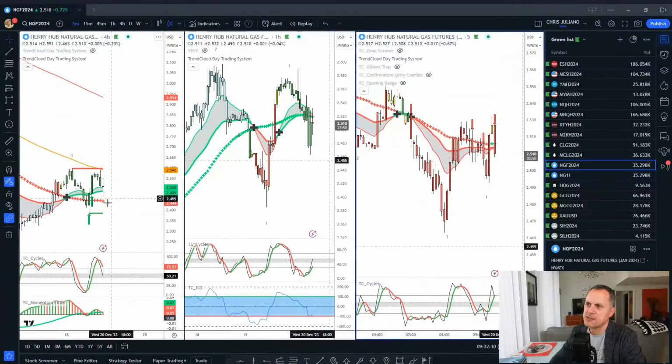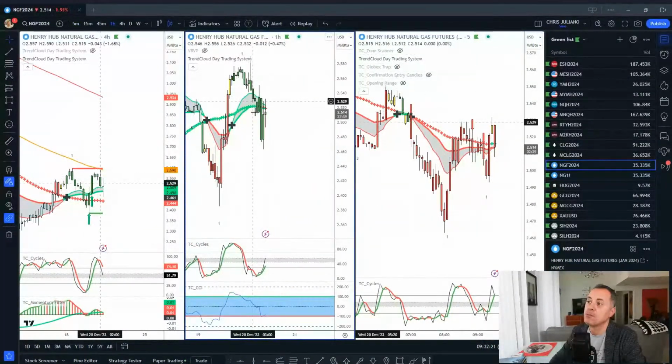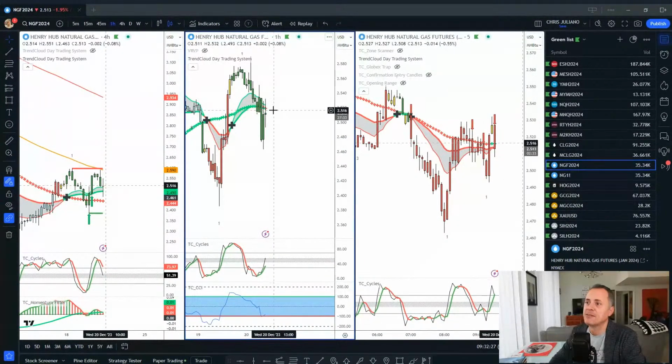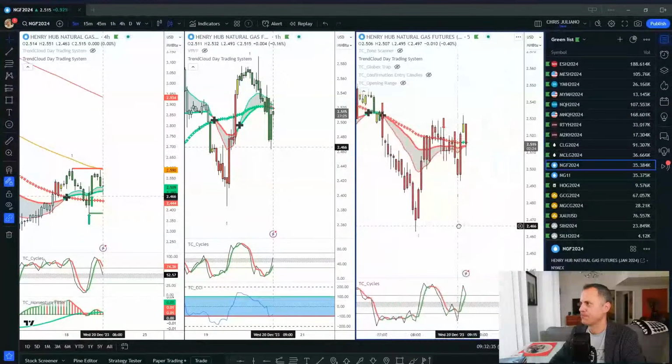This is a pseudo uptrend because the 50 simple on our TrendCloud is still red. Same thing, pseudo uptrend here. We're below the TrendCloud, but the candles are green and the 50 simple is red on the middle time frame as well. So, little pseudo uptrend here. Let's just skip over that.